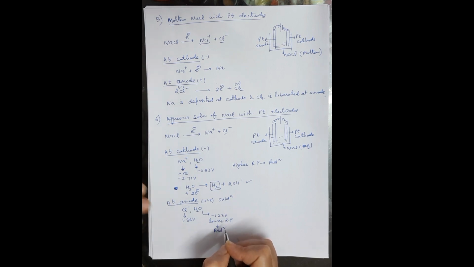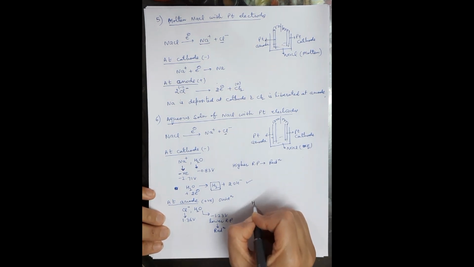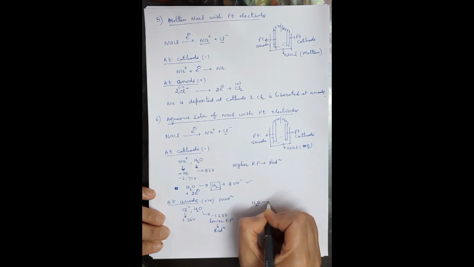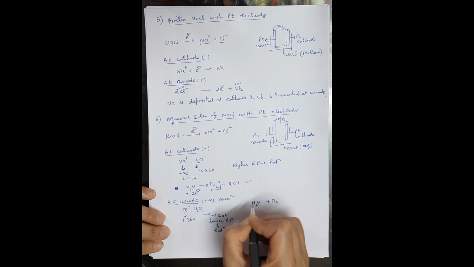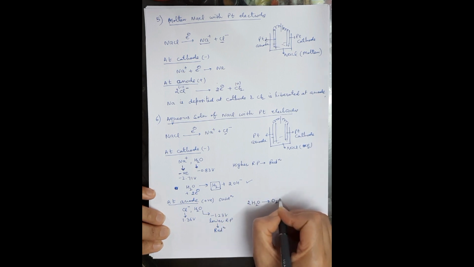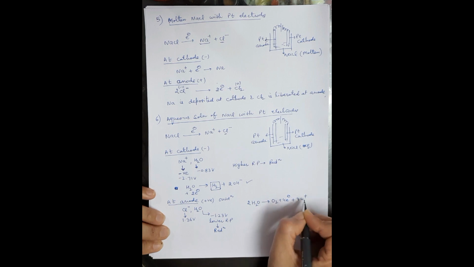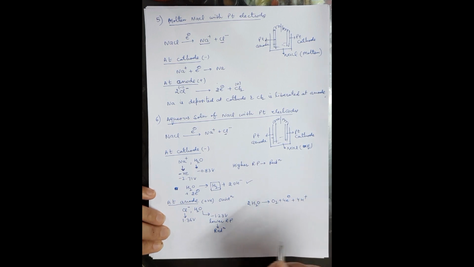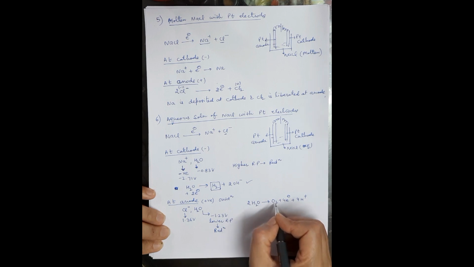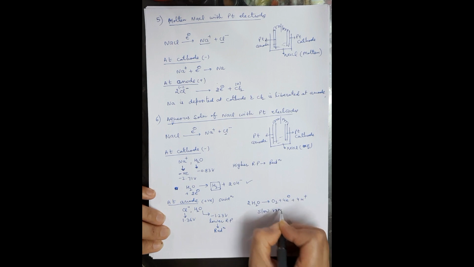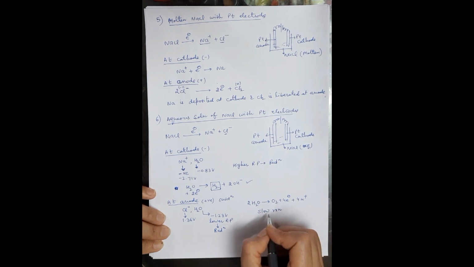But you know, the process of oxidation of water in order to form O2, this is the oxidation reaction, is kinetically slow, as I have discussed earlier also. So oxidation of water to O2 formation is a slow reaction. As it is a slow reaction, it requires some extra voltage.